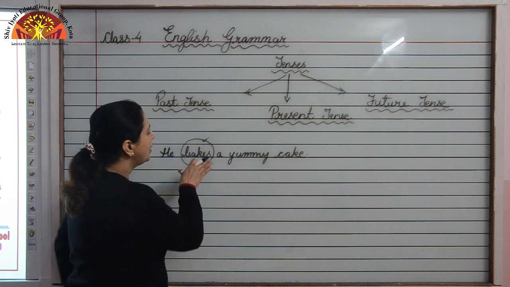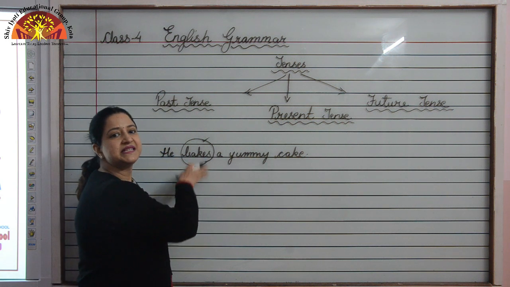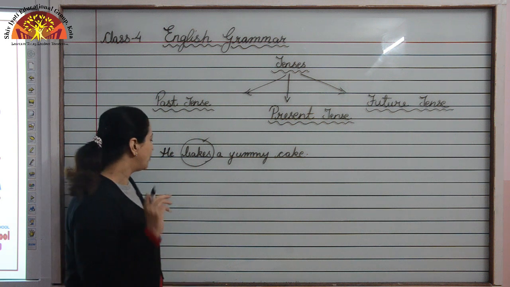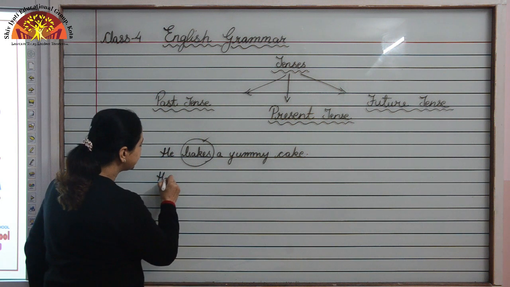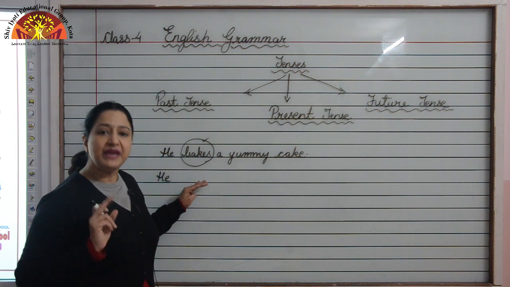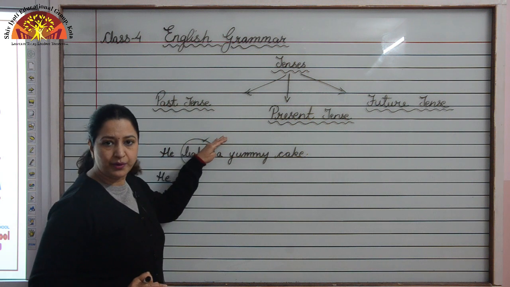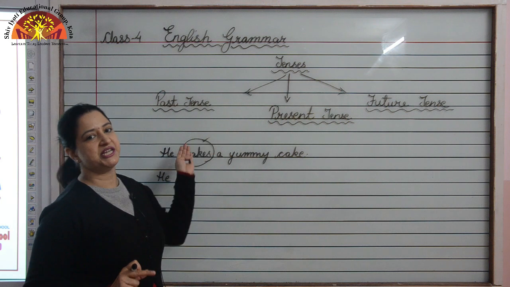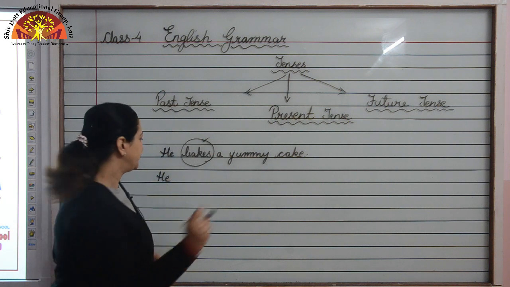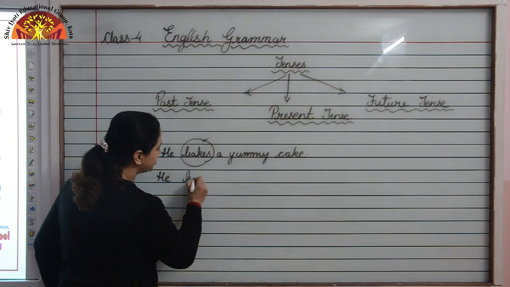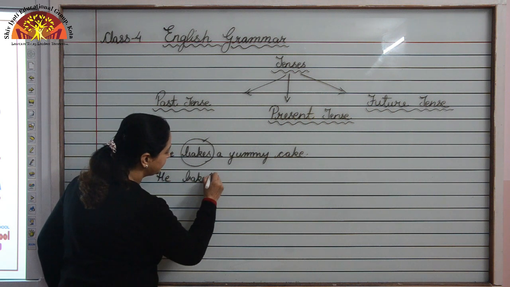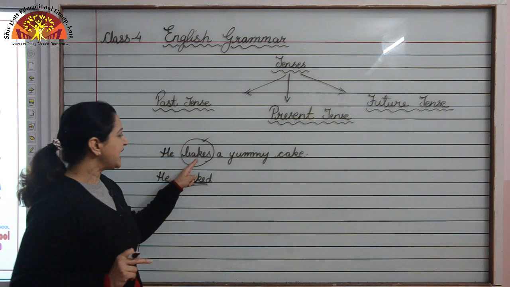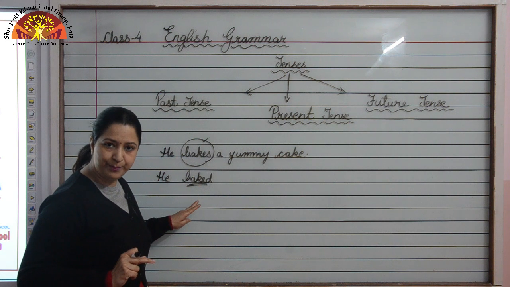Now we are going to convert this sentence into past tense. How can we change this sentence into past tense? We have to change the verb. The first form of verb will change into the second form of verb. Now bakes is changed into baked.